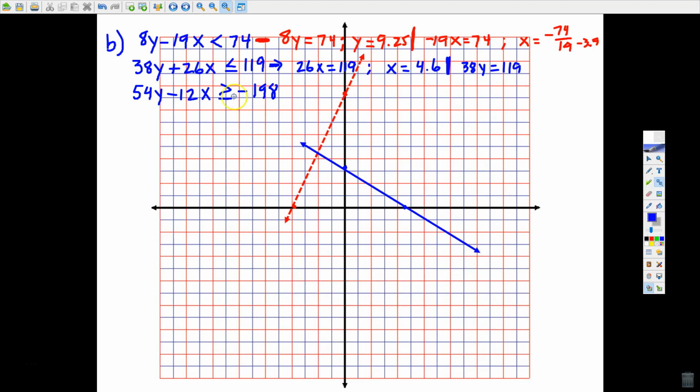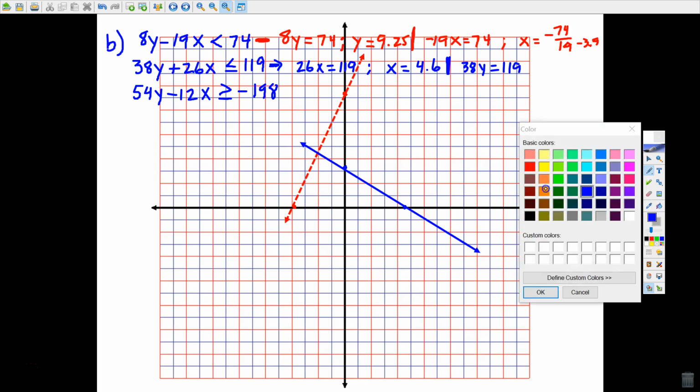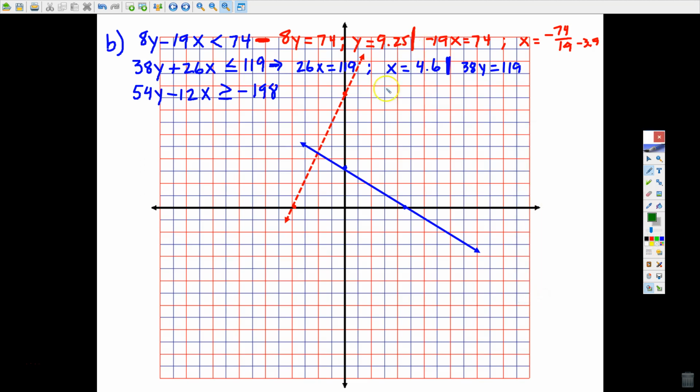Okay, so 2 of our lines are down, and then I'm going to save the time of walking you through that. You've seen this. I'm just going to do this one in green. But going through this same process, I went ahead and figured these out to save a little bit of time. The y-intercept will be negative 3.7. So I'm going to guesstimate that to be about right there.